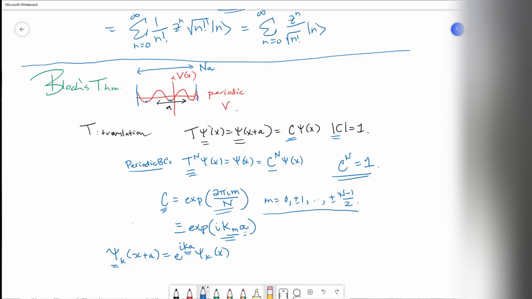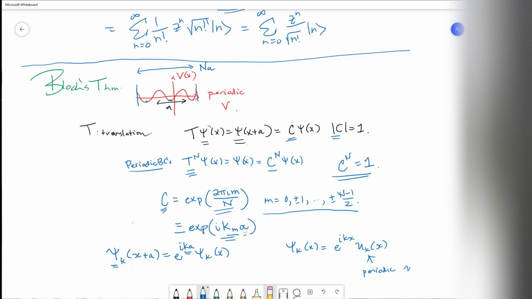So what you can do then is write the wave function in general as e to the i k x times a periodic function. Now this function u_k is really periodic.